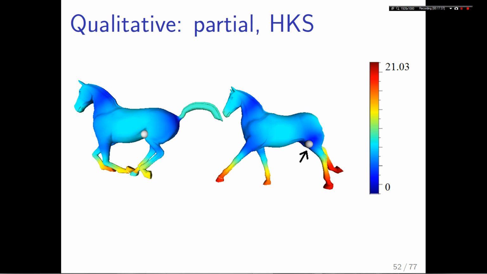So first, I will show you a qualitative comparison. Look here. First, I have two different horse models with isometric deformation. For the source mesh, which is on the right, I cut the tail of this horse and pick a point on this mesh.